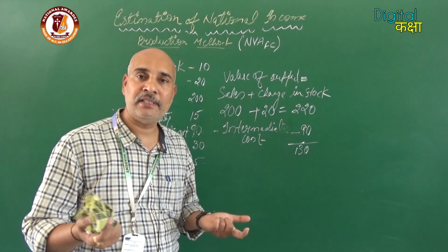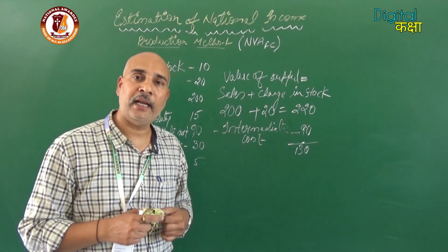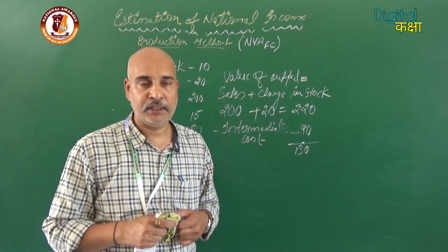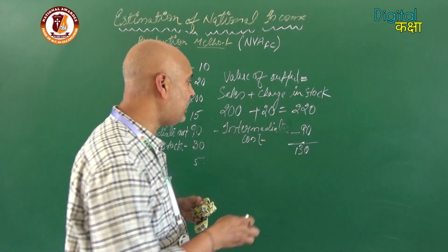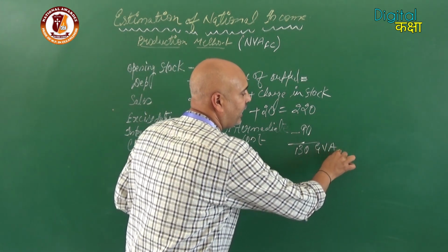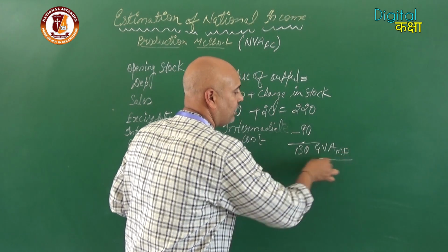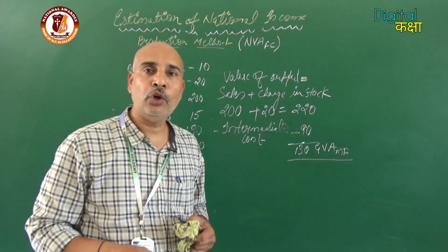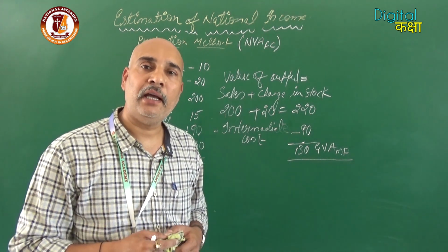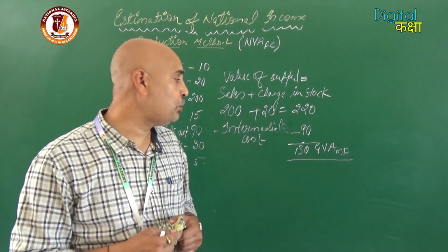Now these three things once again we will use: NIT or NFIA, and depreciation. What is with us? That is gross value added at market price. Clear? Now because we don't have to find out NNP, national income, NFIA will not be used.